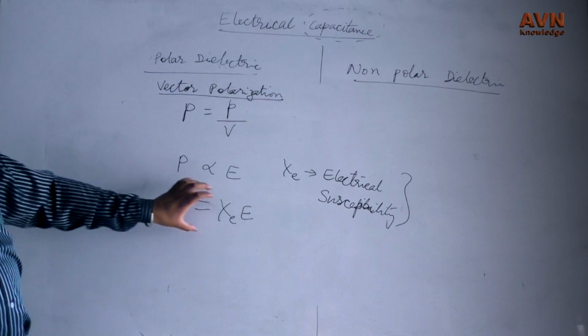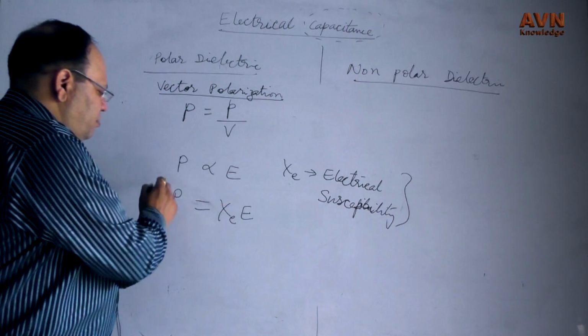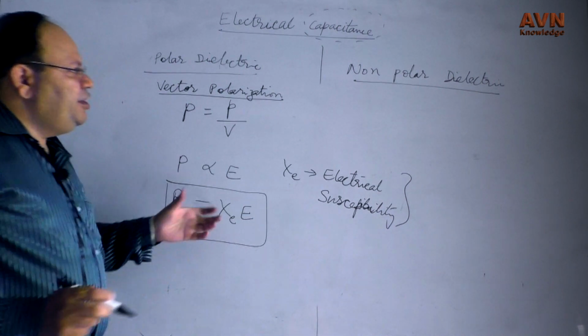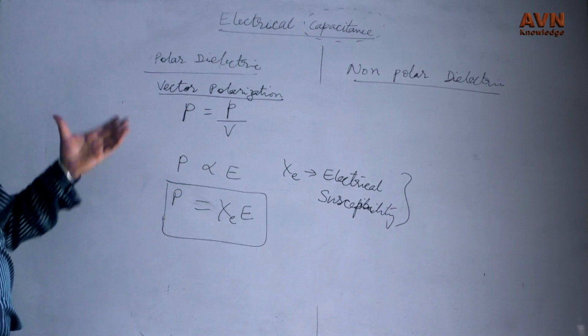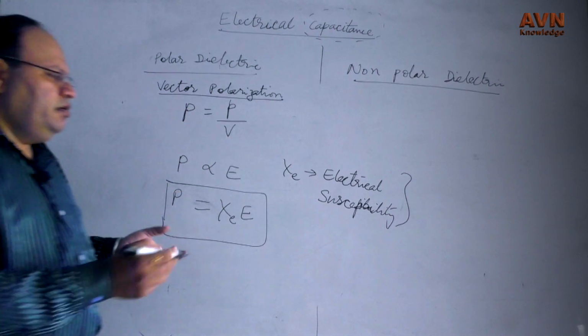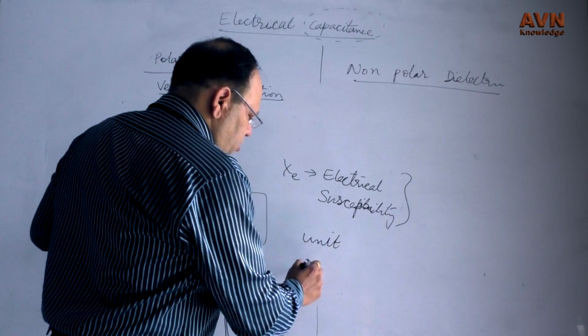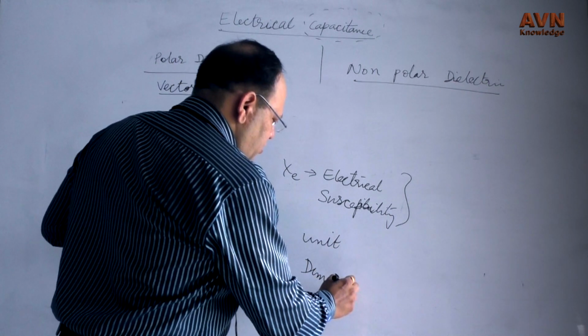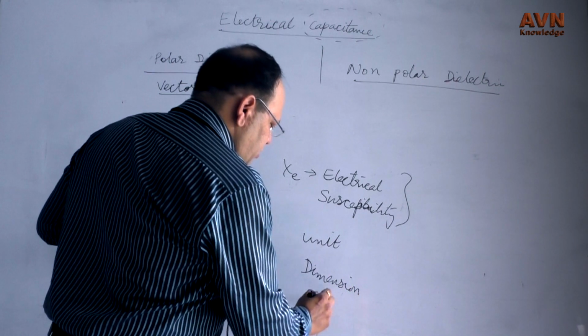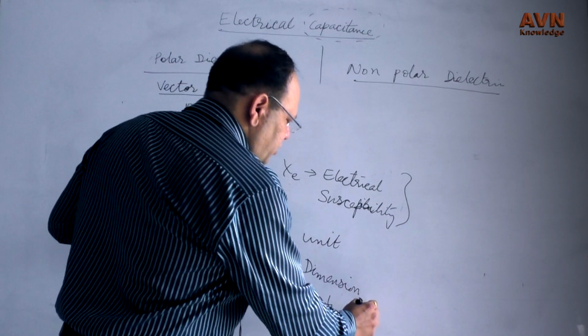This constant is a new physical quantity, so what do we have about its unit, dimension and quantity? Quantity is a constant, so scalar.